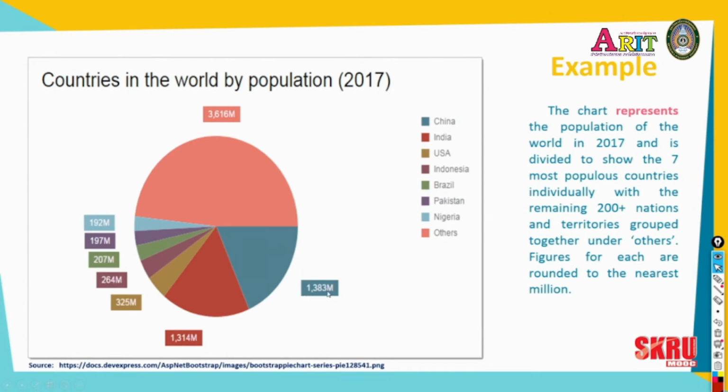So I'm just clarifying here that the 1383 M means 1383 million. Obviously the population to an exact number would have 682 or something, but closest to the nearest million. So we round up or round down as required.